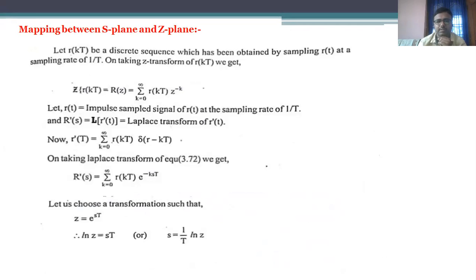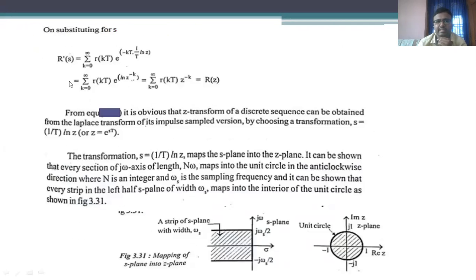Here, with the substitution of s is equal to 1 by T into logarithm of z, we are going to get the Laplace transform of the impulse sampled signal.